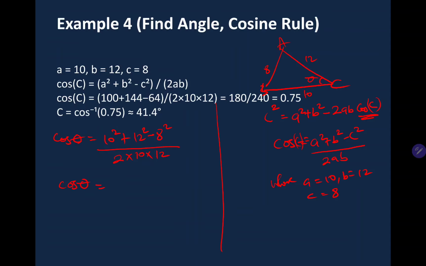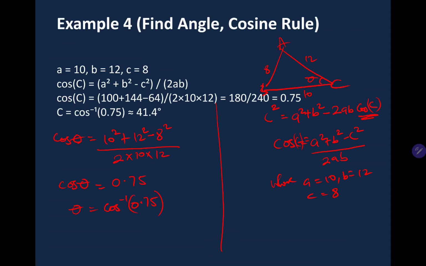Cos theta then will be equal to 10 squared is 100, 12 squared is 144, 8 squared is 64. By the time you do the arithmetic here, you should be having 0.75. So to find theta will now be the cos inverse of 0.75.